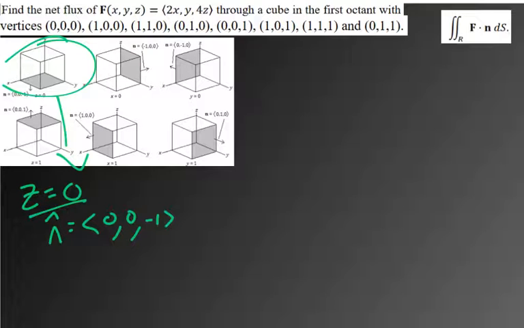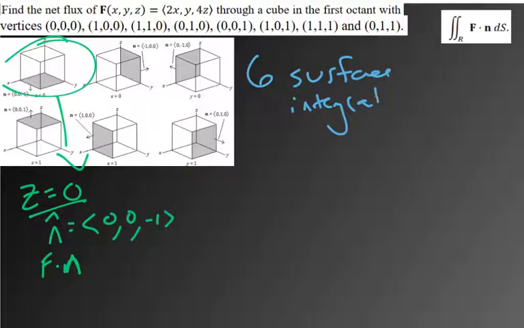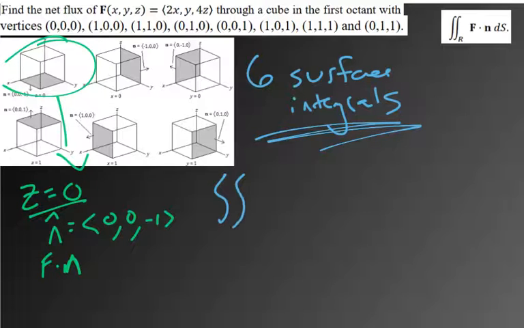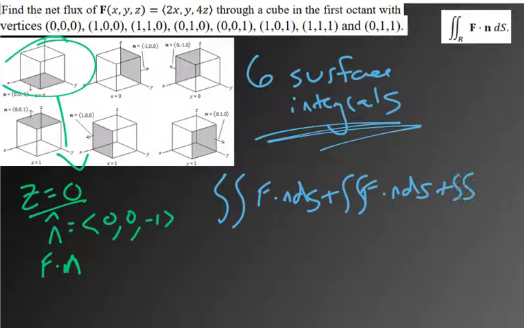But then you'd have to do F dotted with n and all this stuff. It would be a lot of work because it's 6 surface integrals that you would have to do separately. Then you would add up each one, a double integral with a dot product in there, then add another one with a dot product, and add again.